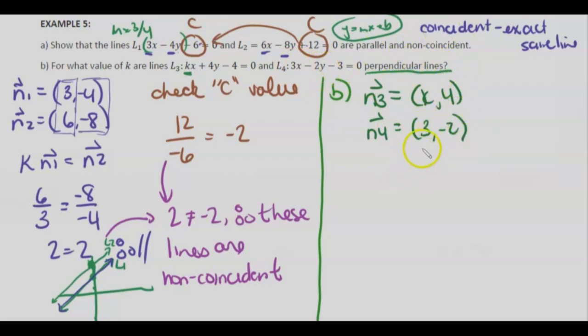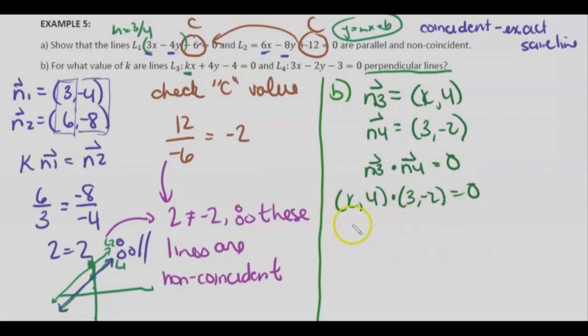In order to be perpendicular, the dot product between these two must be 0. So n3 dot n4 must be 0. Let's go ahead and sub these in: (k, 4) dot (3, -2).